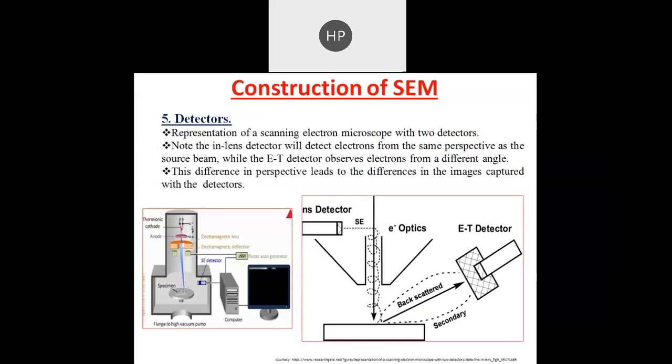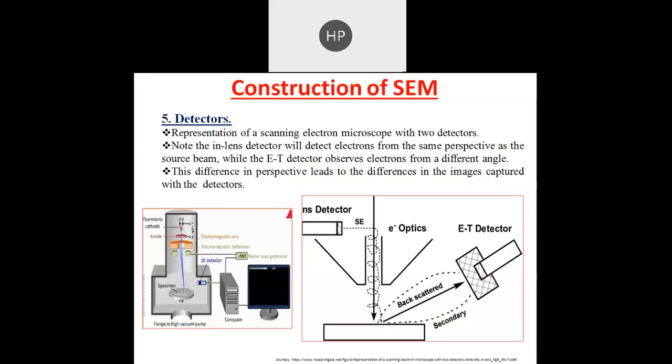Then detectors. As the electron beam strikes the object, various electrons will be generated: backscattered electrons, secondary electrons, and x-rays. All these will be detected.